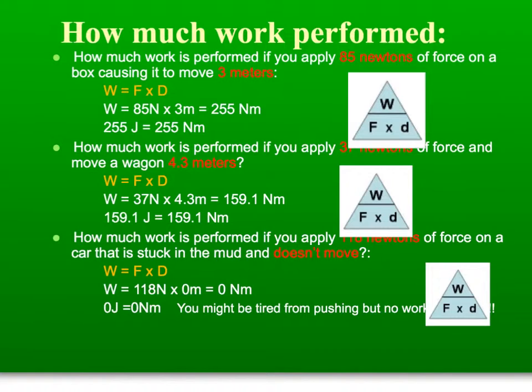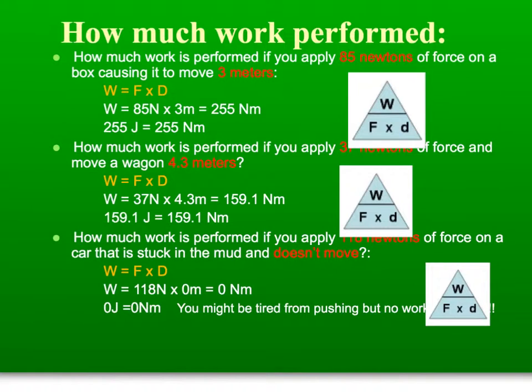Distance will be meters or kilometers. And work will be measured in Newton meters or joules. To solve this problem, we would take 85 times 3, and we would have 255 Newton meters, which is the same thing as a joule.